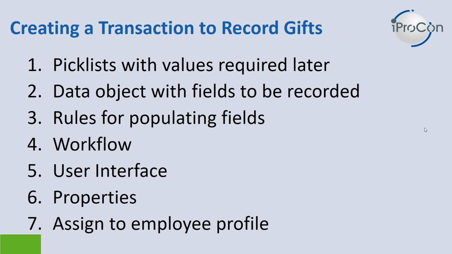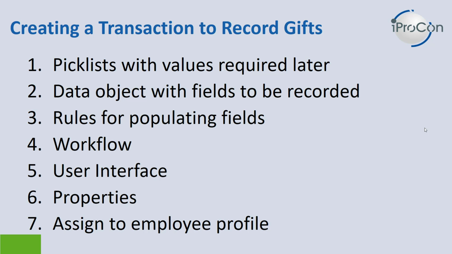What we need for this is first a couple of pick lists, which you may know under the name of F4 helps if you come from the on-premise world, with the values we will require later in our screen. Then we create the actual data objects with the fields that need to be recorded. We also might need a couple of rules for populating fields. We want a workflow for approval or information.